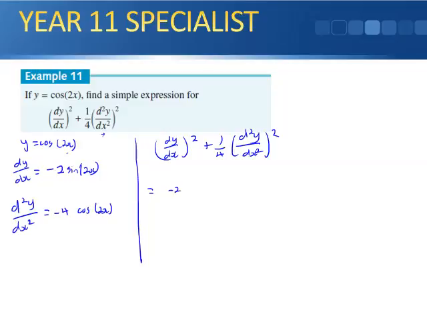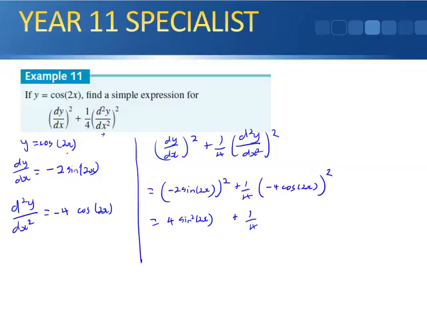I already know dy dx is negative 2 sine 2x, and I've got to square that, plus 1/4 d2y dx squared is negative 4 cos of 2x, all squared. Negative 2 squared gives me 4, and I've got sine squared of 2x. There's that one.